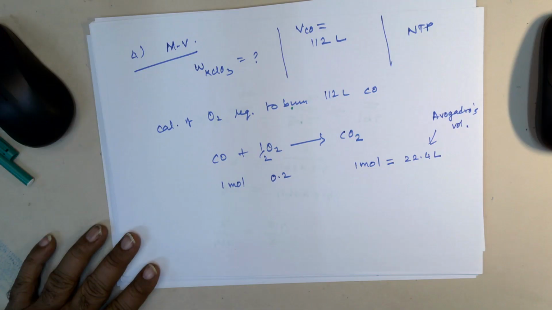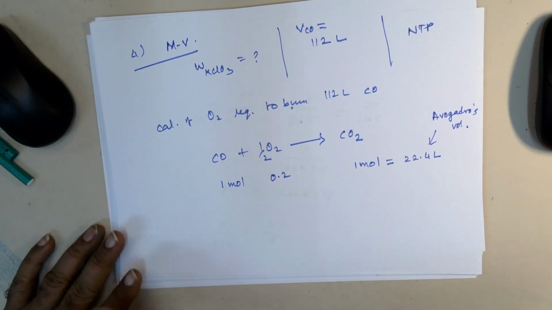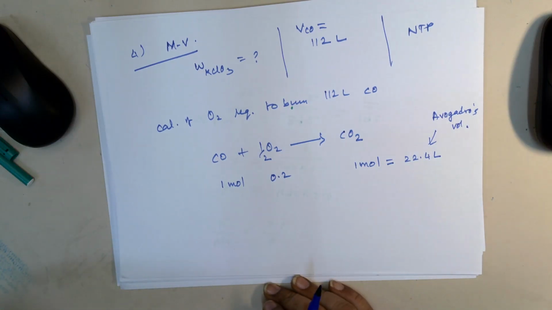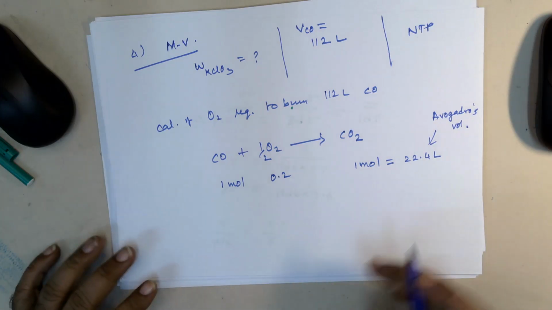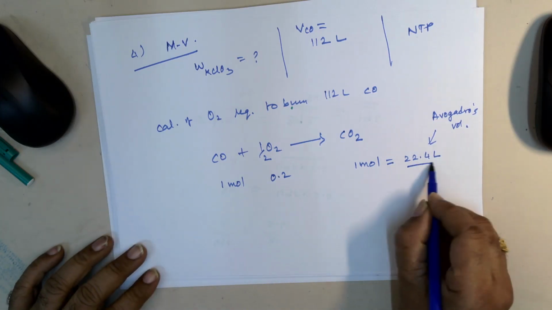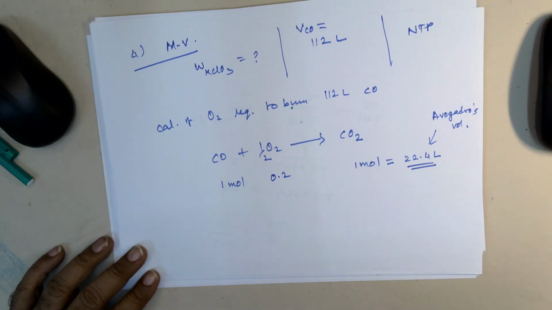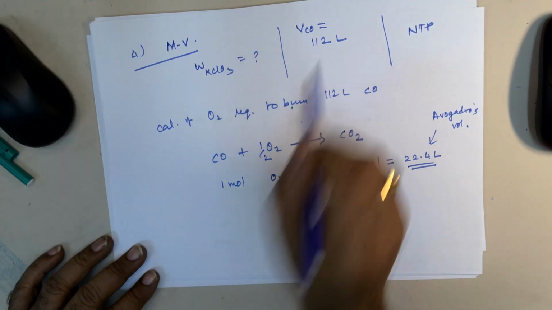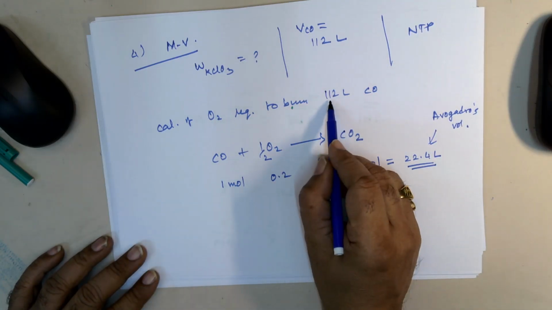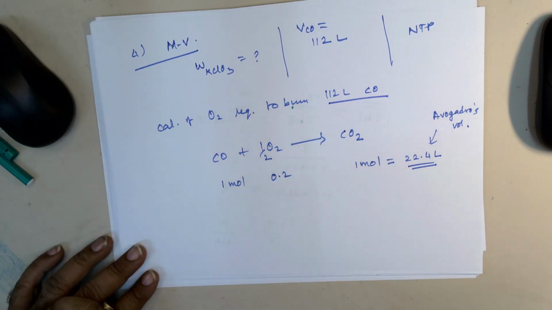Are you able to understand this? Okay, got it. Now 22.4 liters means 1 mole. In that case, we have to calculate for 112 liters of carbon monoxide.